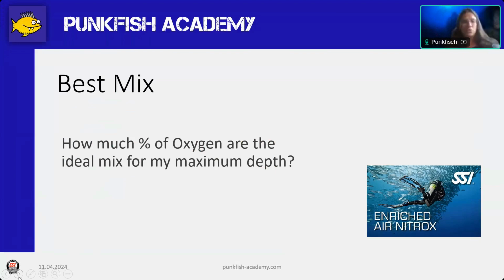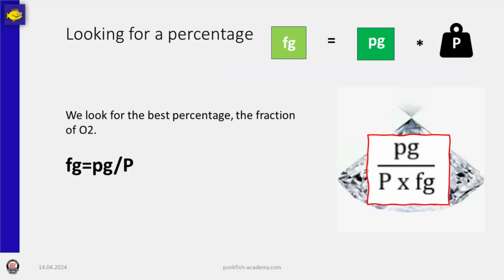If we are in a place where we can get flexible nitrox mixes, this is a very smart thing to know. And how do we do it? Easy like always, easy again.